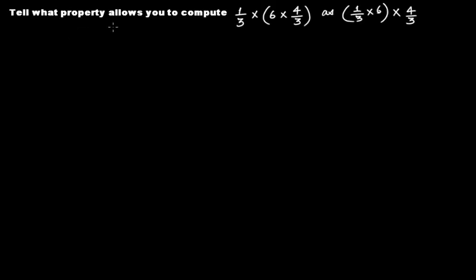Tell what property allows you to compute 1 by 3 multiplied by 6 multiplied by 4 over 3 as 1 by 3 multiplied by 6 multiplied by 4 over 3.